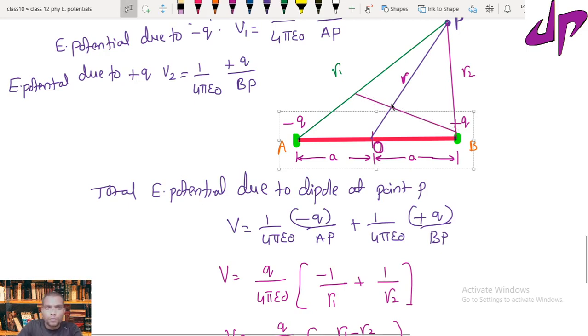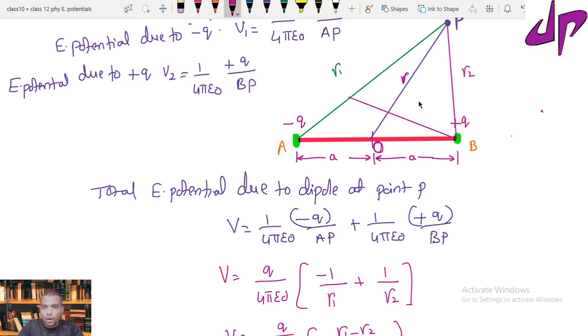Now I draw a line from point B. Now if you can see, from this location the distance R1 and the distance R2, they both are equal. Now from the location A, this becomes the extra length.